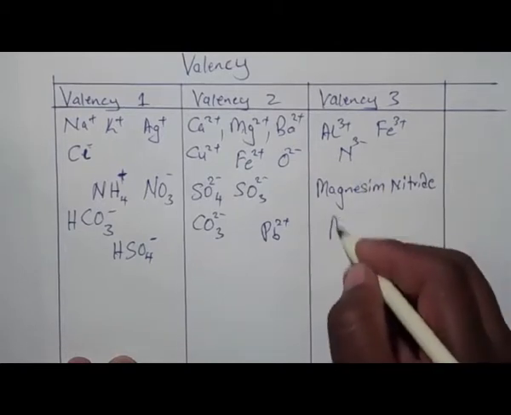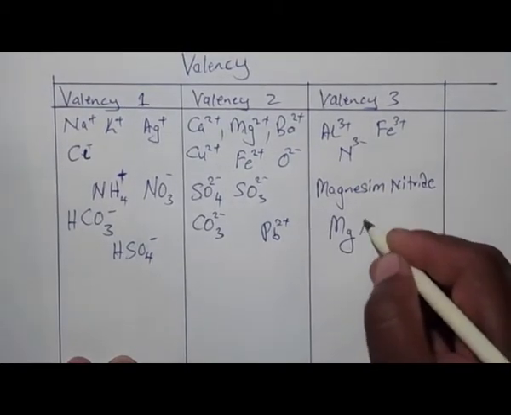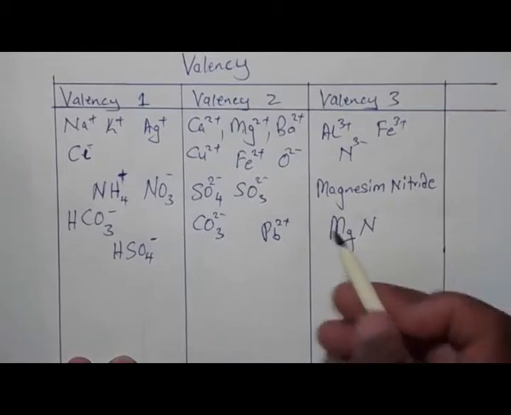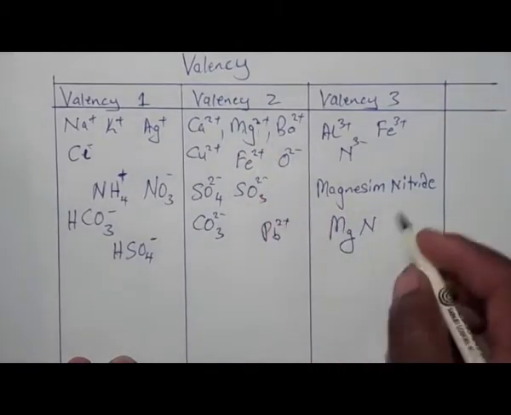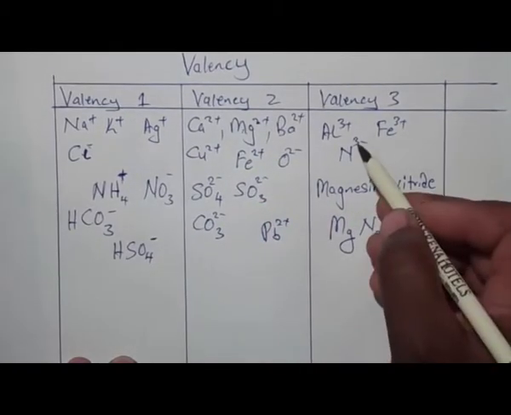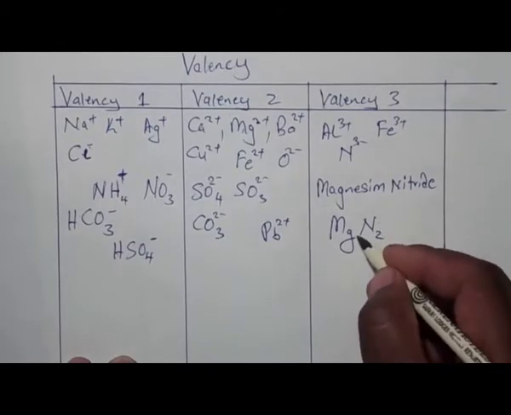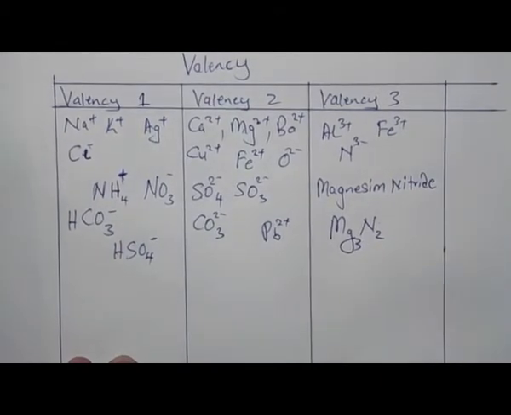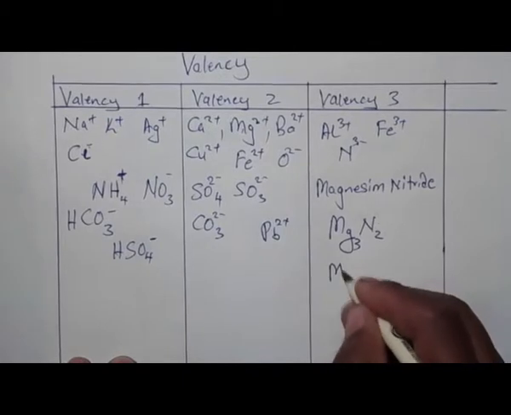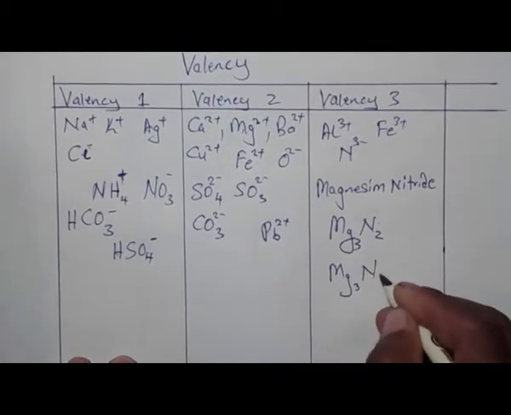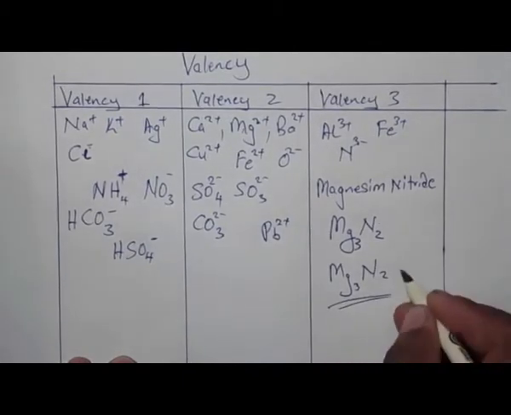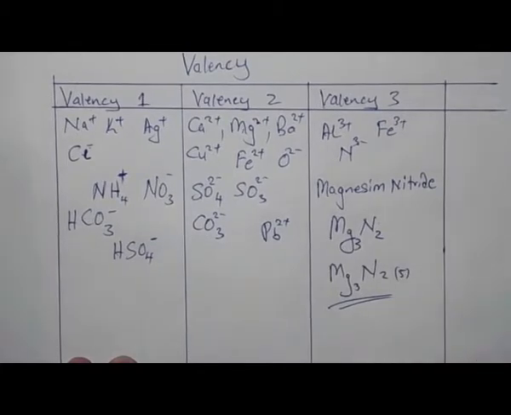So magnesium nitride is written as, we have 2 of magnesium comes here, we have 3 of nitrogen at the bottom. So magnesium nitride is written as that one is a solid. That is how magnesium nitride is written.